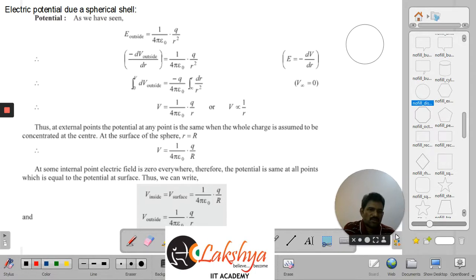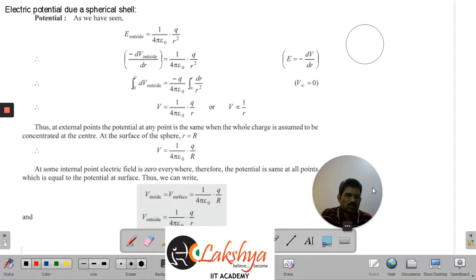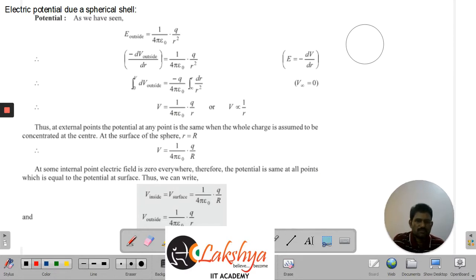For this sphere, first we are calculating the potential at a point outside. This is our point P, at a distance of r from the center.